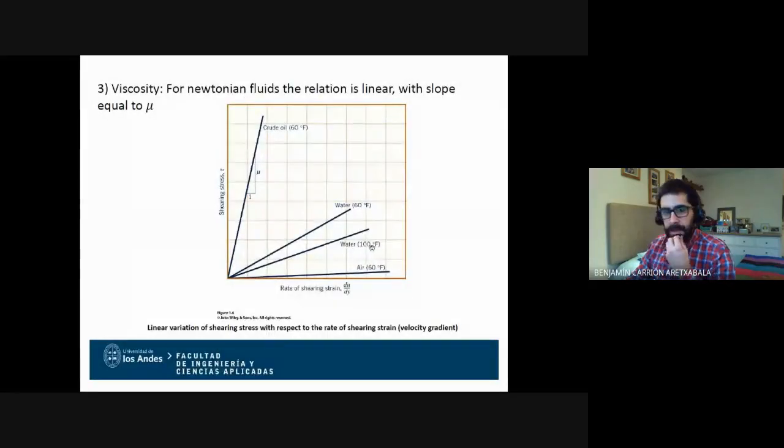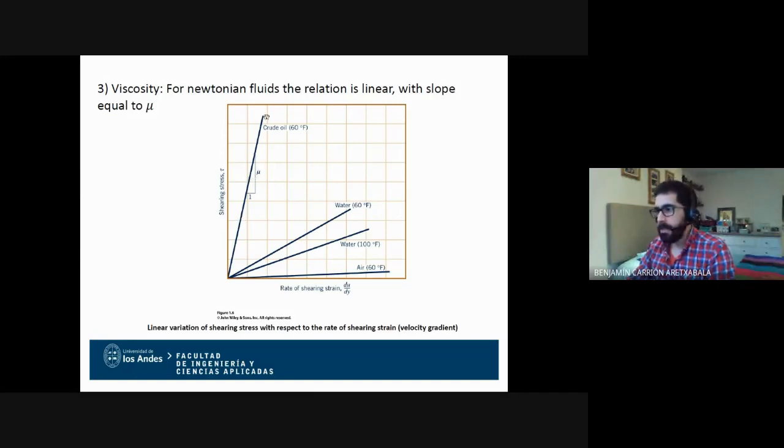Okay, back to the presentation. And here's what was being asked recently. Here's a classic example: if you have shear stress on the y axis and strain on the x axis, you're going to have one straight line for each Newtonian fluid. You can see the hand, right?